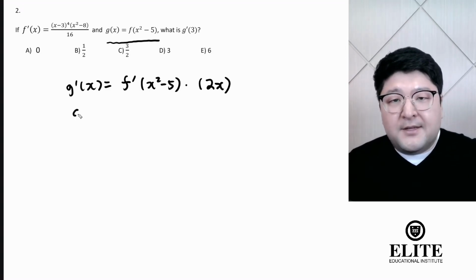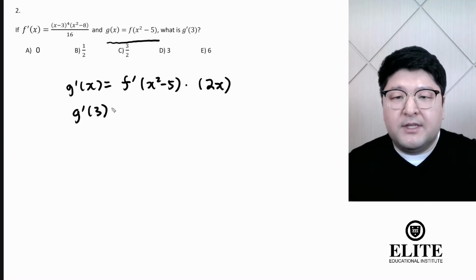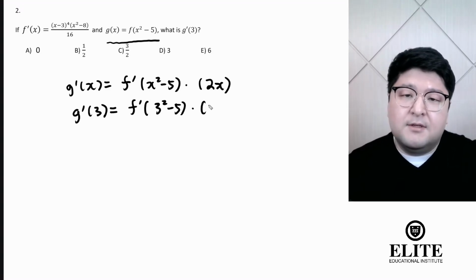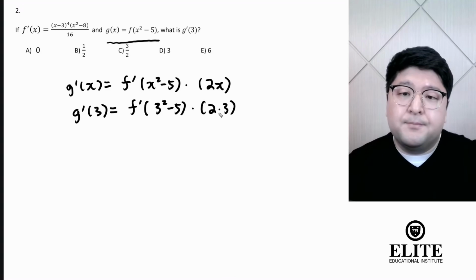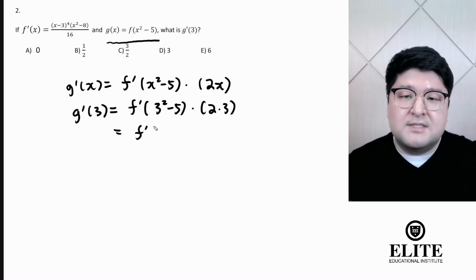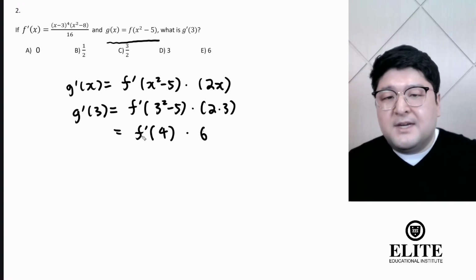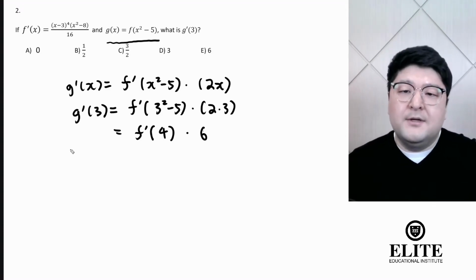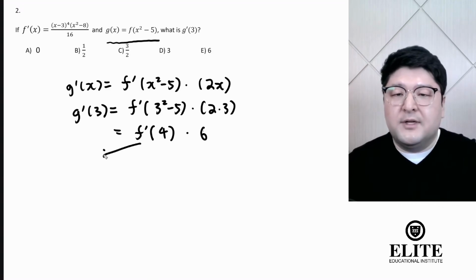Since they're asking us to find g prime of 3, let's plug in x equals 3. We will have f prime of (3 squared minus 5) times 2 times 3, which gives us f prime of (9 minus 5), which is f prime of 4, and we multiply this by 6. Now let's find what f prime of 4 is. Good thing is they actually gave us f prime, so all we have to do is plug in 4.